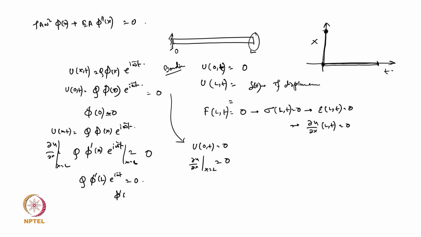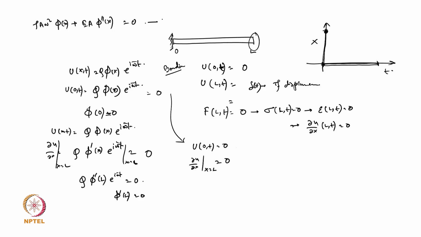So now you can say phi dash L equal to 0. Can we say that? Is that okay? Perfect.